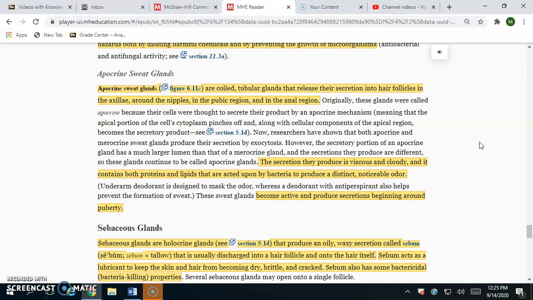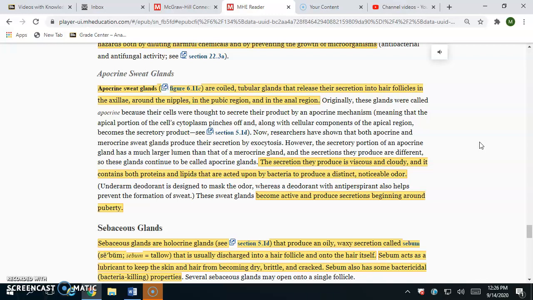So that's why we use deodorant to try to eliminate that smell, because it's not always the most pleasant smell. And these apocrine sweat glands are going to become a lot more active. They're still there, maybe not as active when you're young, but definitely once puberty hits, they become more active and stay that way for most of your life.